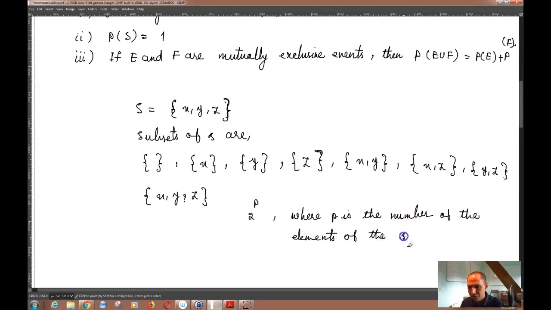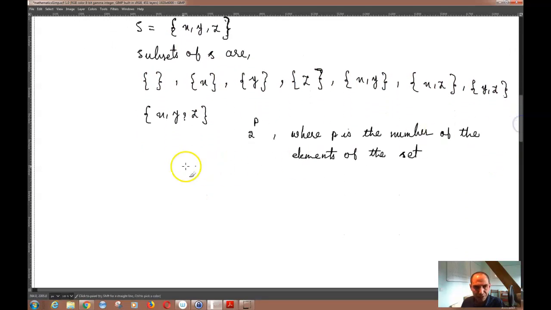Now let's see if that works. For example, over here 2 raised to the power 3 is equal to 8, which is the number of subsets of this set: 1, 2, 3, 4, 5, 6, 7, 8.